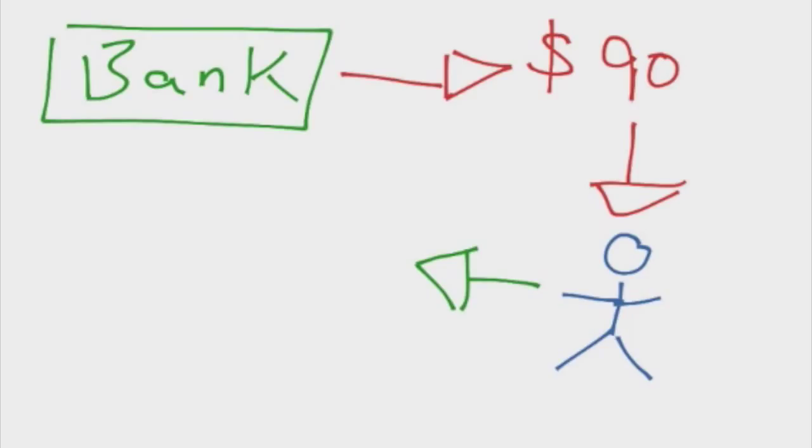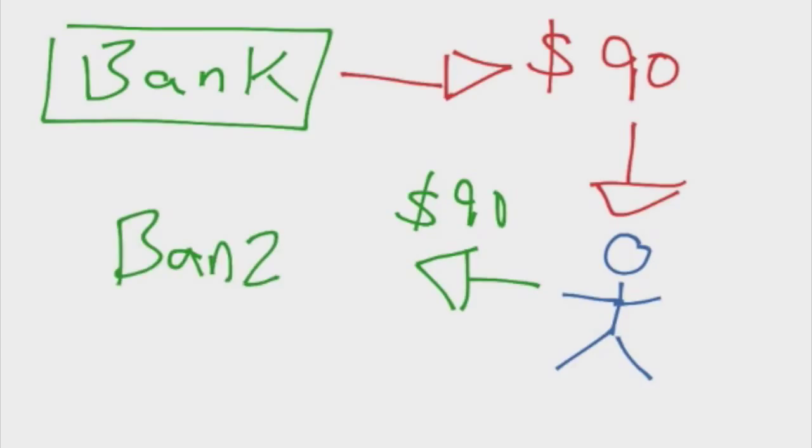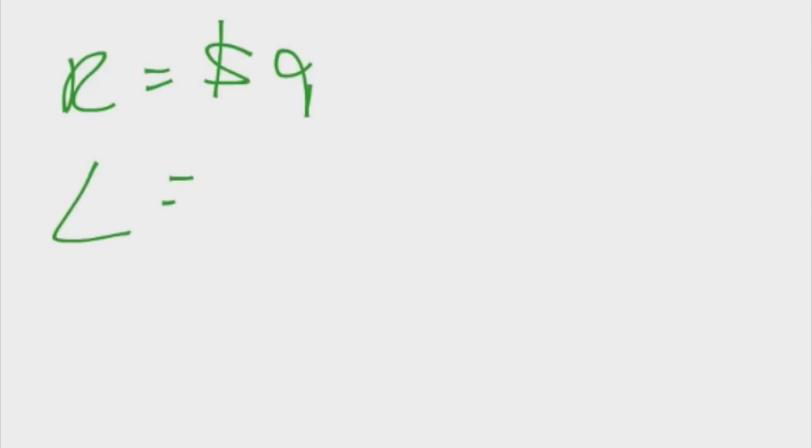So if they deposit the $90 and the reserve is also 10%, that second bank has to keep $9, but they can loan out the other $81, and that's the total of $90 there.